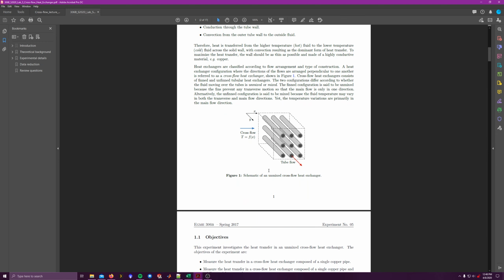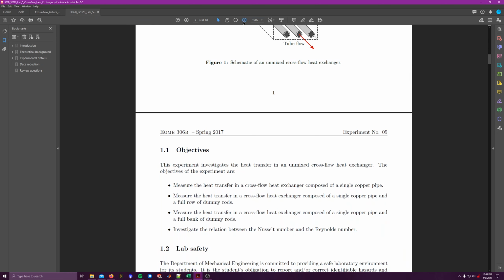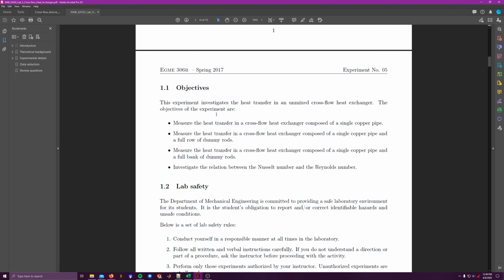Okay, so this is kind of what the heat exchanger looks like. We'll talk about that a bit later on. So our objectives for this experiment, we want to measure the heat transfer in the cross-flow heat exchanger composed of a single copper pipe. Okay, and then we're going to measure the heat transfer in the same heat exchanger, but now we're going to have a single copper pipe, and then we're going to have a full row of dummy rods.